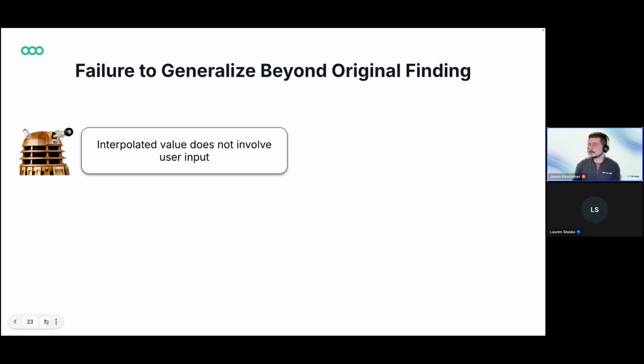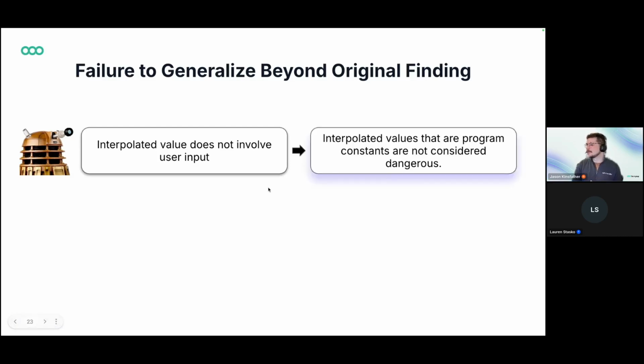Might be the case for this, but it may not be in future code, right? And so we might change it to something like interpolated values that are program constants are not considered dangerous. So that Assistant has a way, it knows what it's checking for and the implications of that check that go beyond just this finding here and now.